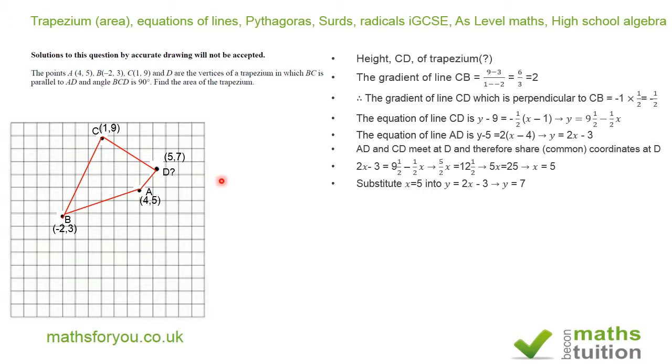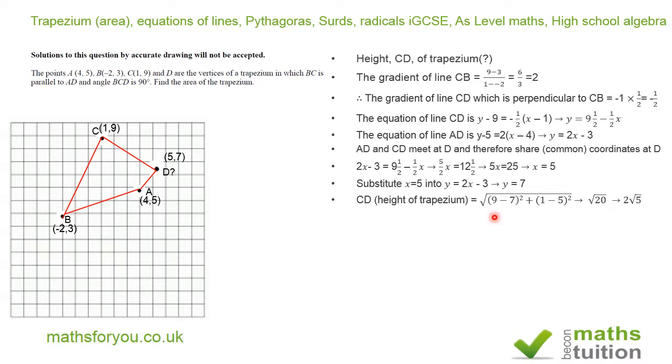Now, we've got all the coordinates of the points. We now need to find the lengths of various lines. Firstly, we want to find the height CD, or the length of the line CD. Using Pythagoras, we do 9 minus 7 all squared plus 1 minus 5 all squared.